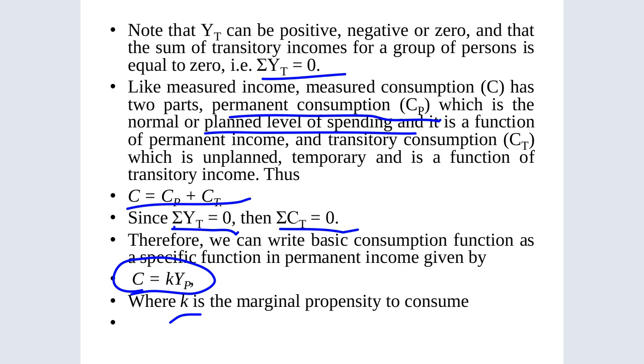Since the total sum of transitory income is zero, the transitory consumption would also be zero. That means our consumption, or the permanent consumption, will be a function of the permanent income. That is what that question means.